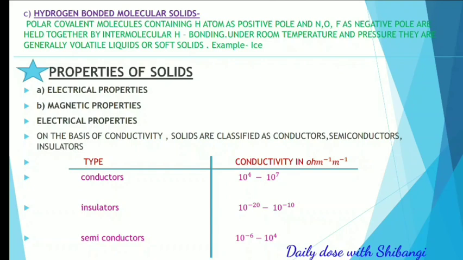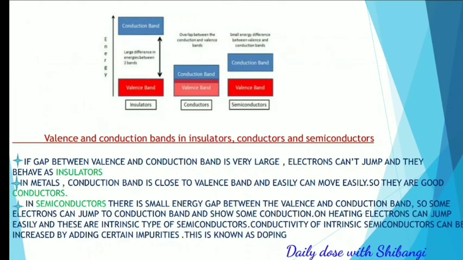Semiconductors have a conductivity range of 10 to the power minus 6 to 10 to the power 4 ohm inverse meter inverse. Here we can see the comparison of the valence band and the conduction band in case of insulators, conductors and semiconductors.